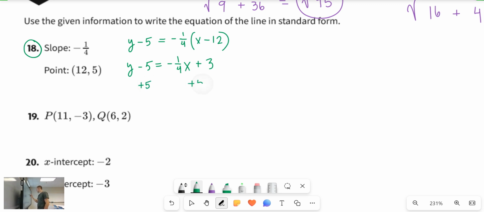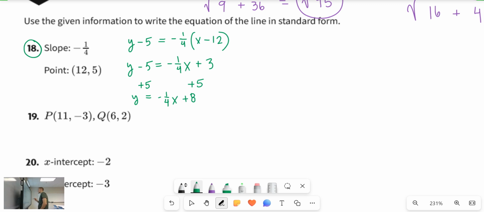Add 5 to both sides. y equals, oh, come on. y, we'll go back. y equals -1/4 x plus 8.